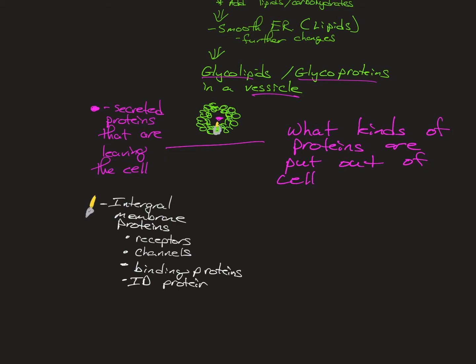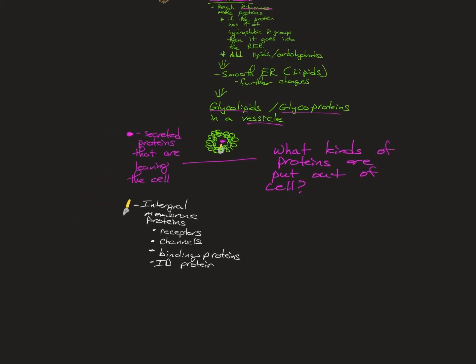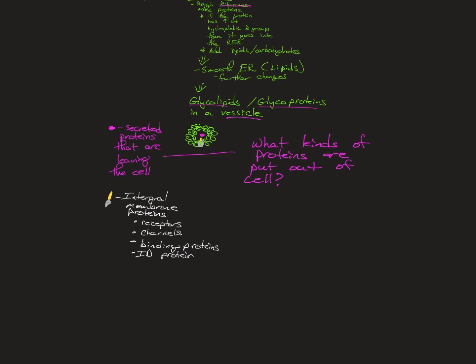Can you make a guess? Any guess? I gave you one already in our discussion. You got mucus. Oh, man. So you put out mucus, snot, right? You got hormones. Sweat.